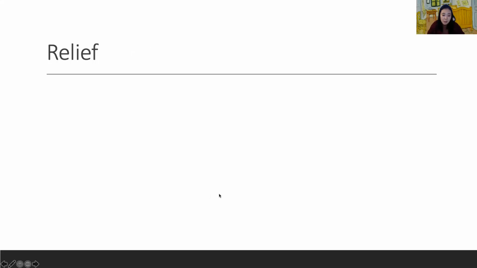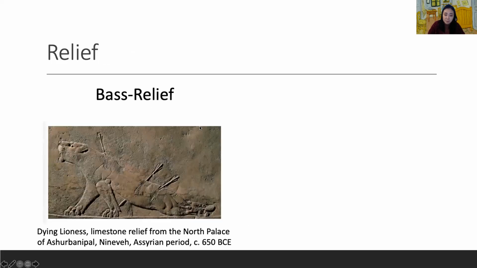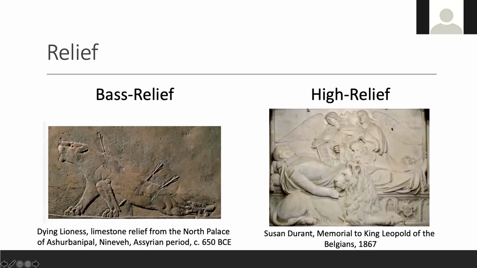So let's see the relief style of sculpture. There are two kinds of relief in sculpture. One is bas relief, and the other one is high relief. Can you find the difference between bas relief and high relief?